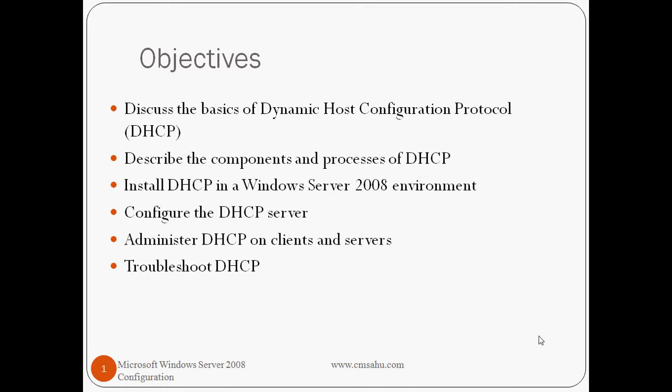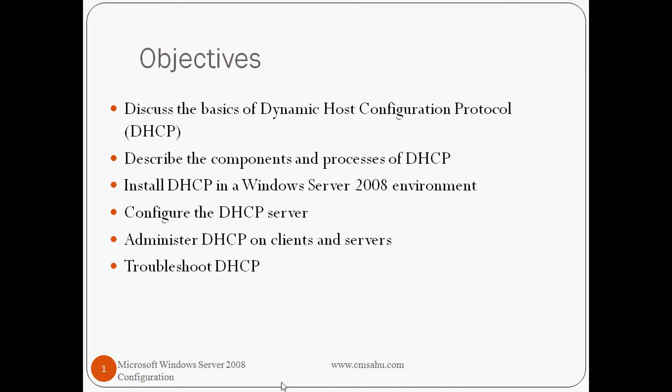Before you go through DHCP, we first need a little bit of an idea about it. DHCP overview: when you deploy a DHCP server on your network, you can automatically provide client computers and other TCP/IP based network devices with valid IP addresses.